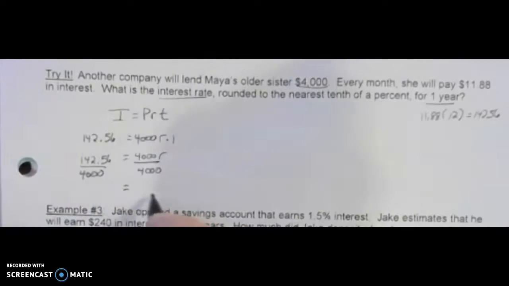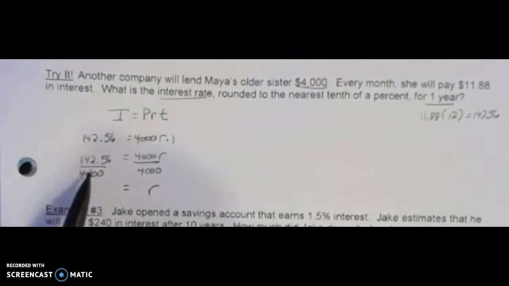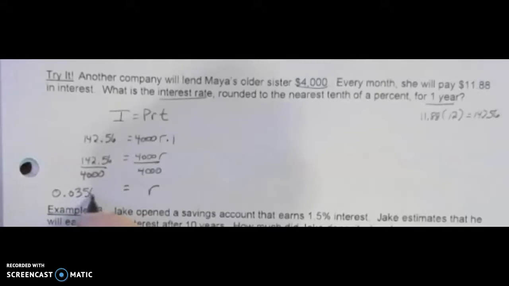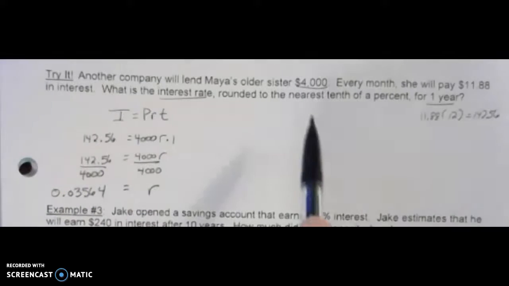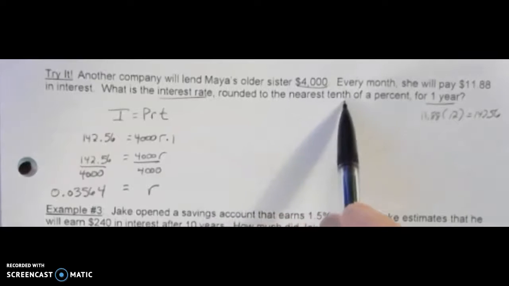So on the right, that's going to give us R, 4,000 R divided by 4,000. And if we do 142.56 divided by 4,000, we punch that into our calculator, we get 0.03564. Well, our question says to round this to the nearest tenth of a percent.